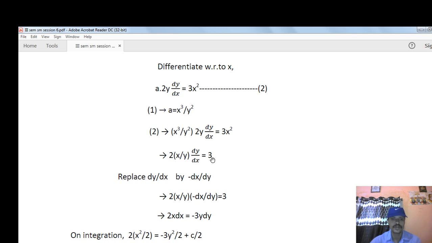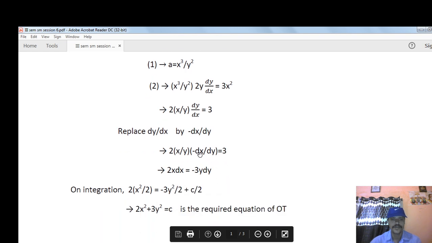To this equation, apply the orthogonal condition. Replace dy by dx by minus dx by dy. 2 into x by y, dy by dx is replaced by minus dx by dy, equal to 3.